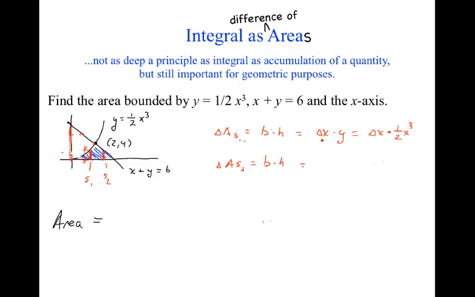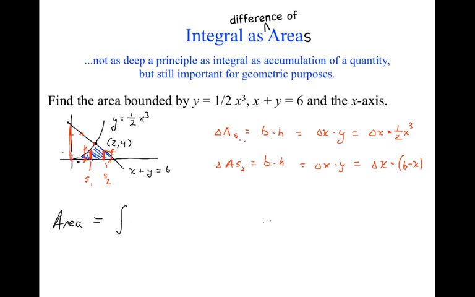This is strip 2. For the second typical strip, delta x times the height. Is that an x coordinate, y coordinate, change in x, or change in y? Another y coordinate, but a different y coordinate. We still write delta x times y, but it's the y defined by this line. So delta x times 6 minus x. Now the area is going to be: we add up all these typical strips number 1.